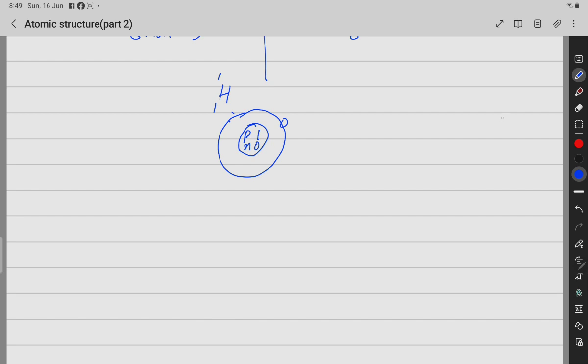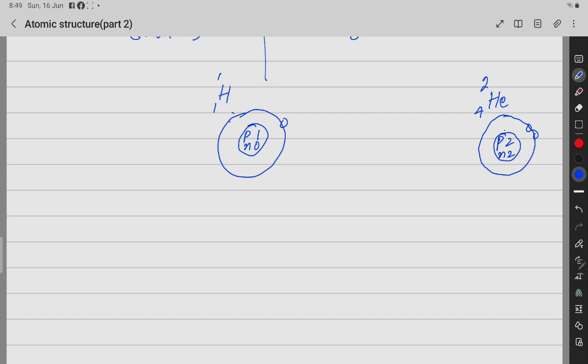And this is helium. This is nucleon, proton 2 and neutron 2 and electron 2. So this is the symbol of helium, 2 and 4.